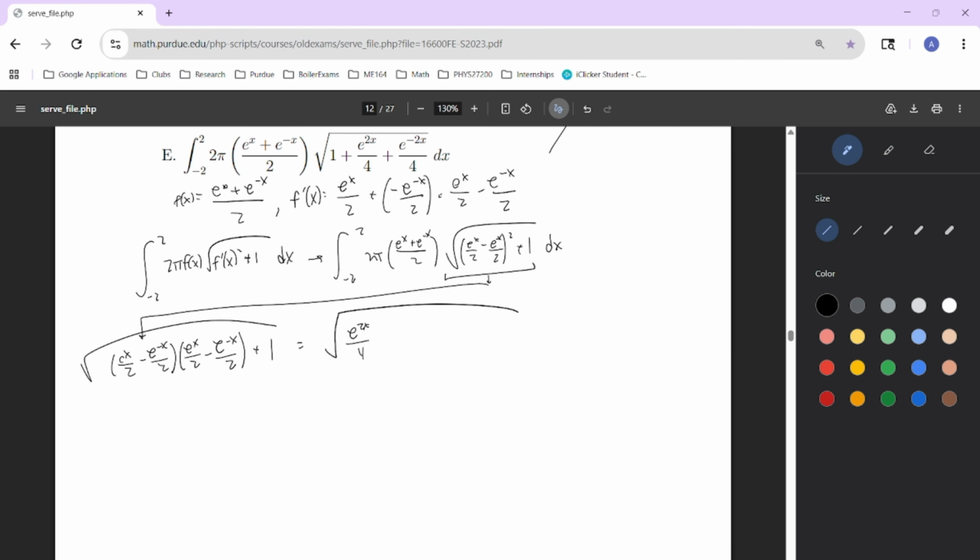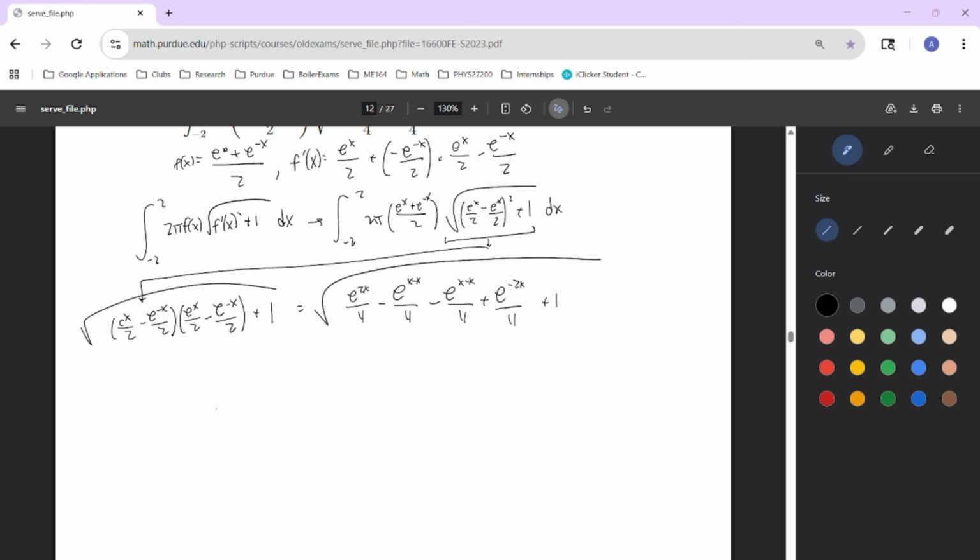So you would add these two exponents together. That's the principle that I'm using in this problem. So e to the 2x over 4, and then I do this multiplied by that. That would be minus e to the (x minus x) over 4, minus again e to the (x minus x) over 4, and then plus e to the negative 2x over 4, and then all of that plus 1. That would become e to the 2x over 4.